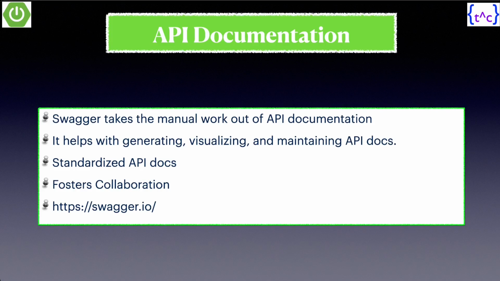Then ideally, the document has to be updated accordingly. That pain is also taken away from developers by Swagger. Whenever any API gets updated and Swagger is already integrated there, it will automatically generate the updated API documents. I hope this point is very clear.